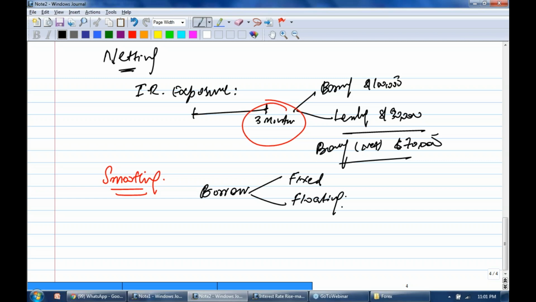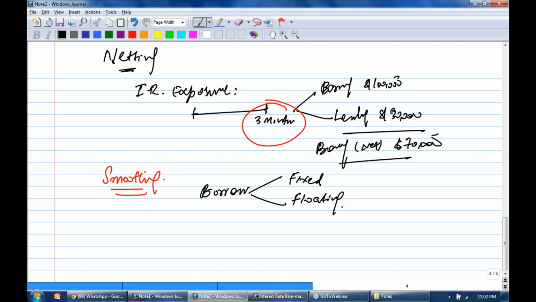I think you know the difference between fixed and floating. Fixed means, for example, if you borrow the money with a fixed rate, it will not be affected if the market rate of interest moves.